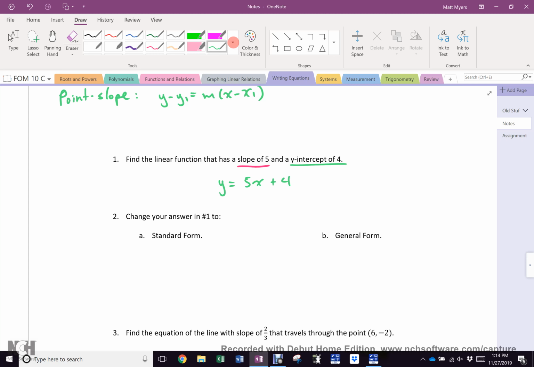The whole point of this day's notes and this assignment is to get you good at moving stuff around so you can deal with it later in math. There's no new skill here. There's no real life application here, really, but there is, but we'll get to that later. Our main goal is to reinforce your ability to do algebra, all right?